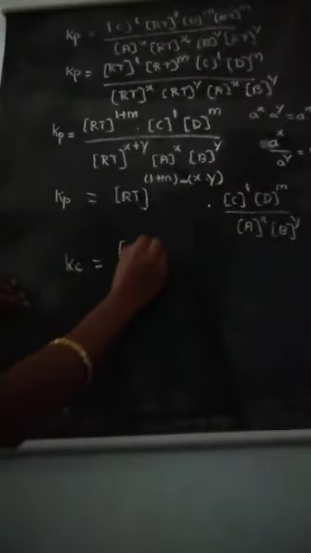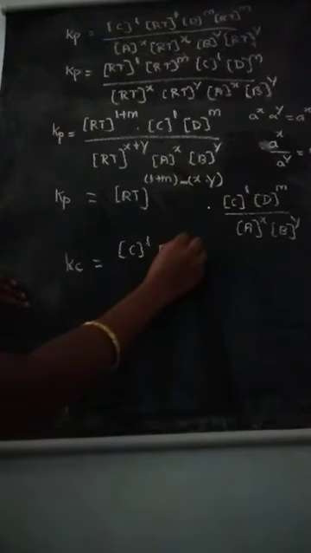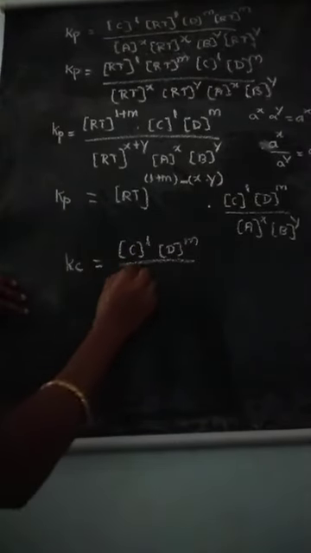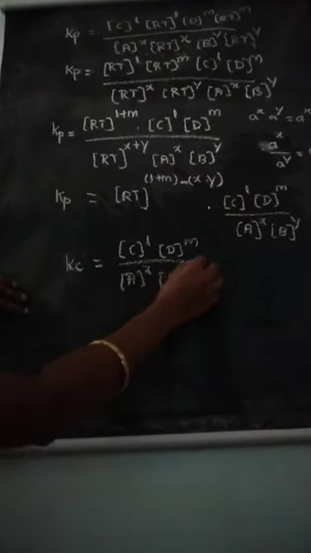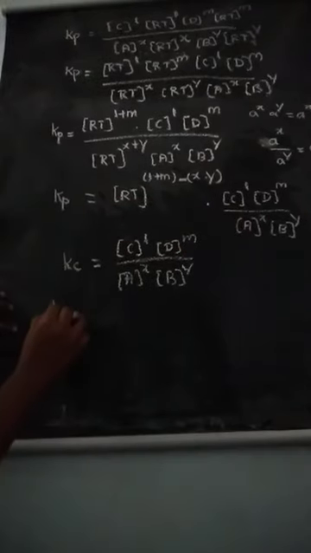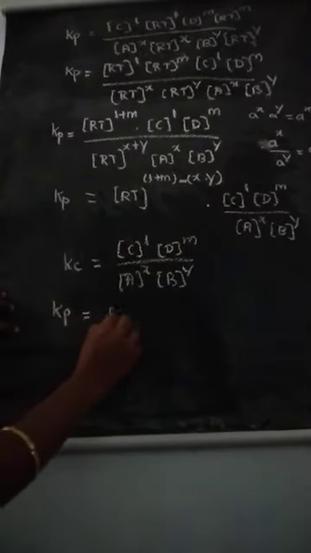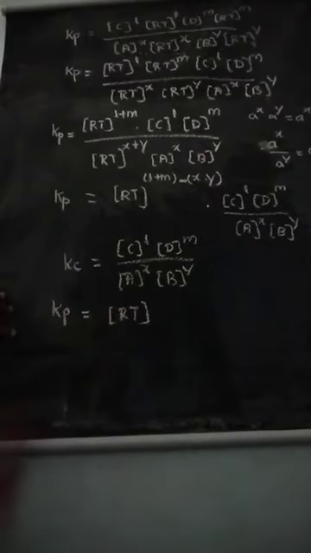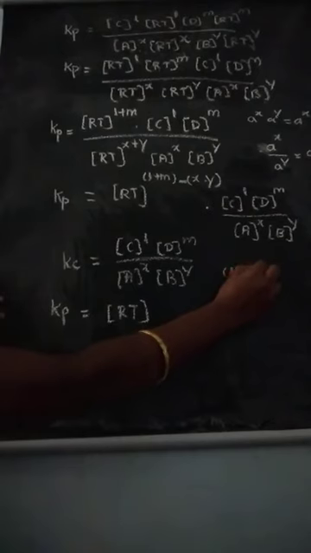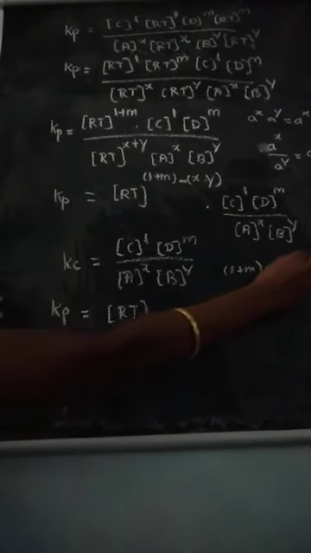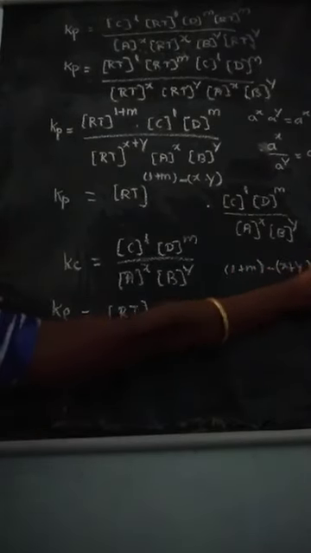So this formula, you already know, is the Kc formula. Tell the formula Kc: concentration of C power L, concentration of D power M divided by concentration of A power X, concentration of B power Y. You can substitute this Kc value. So tell the formula Kp. Kp is equal to RT power, see this one, L plus M minus X plus Y, which we consider as delta Ng.